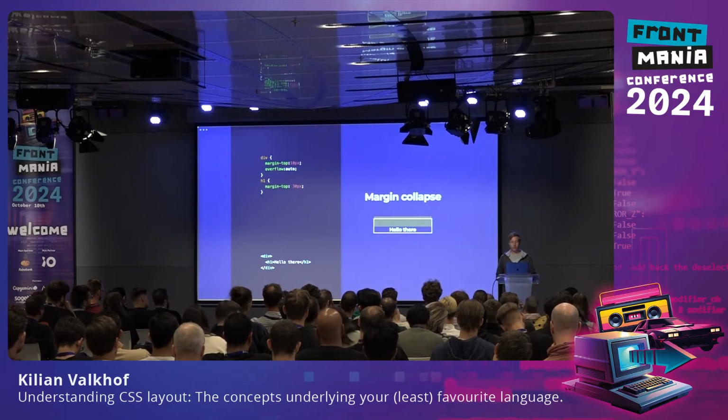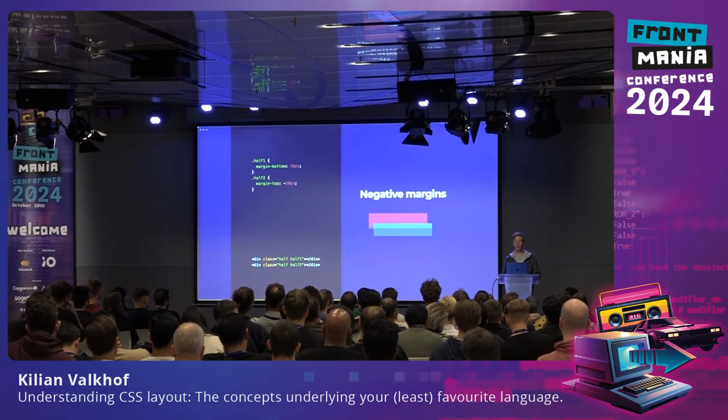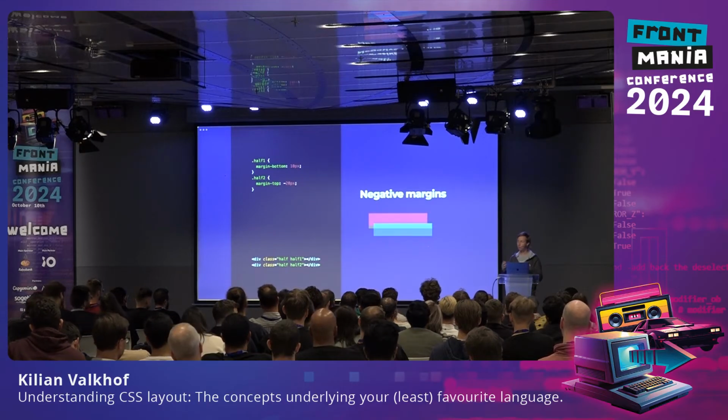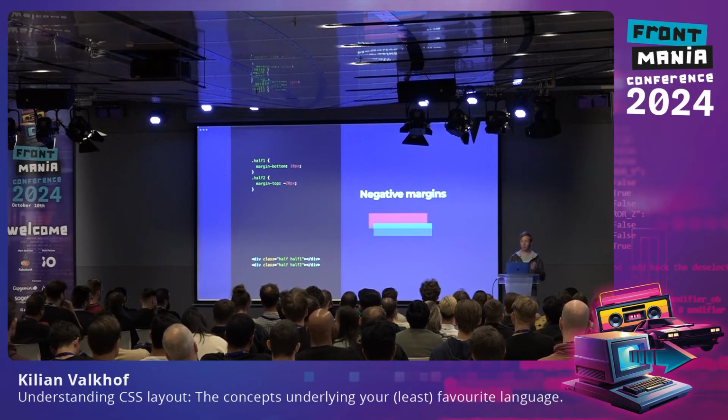We have collapsing margins, but we can also have negative margins. Negative margins are even weirder. Because when you use negative margins, you aren't adding space between elements, but you're actually changing the position of an element.